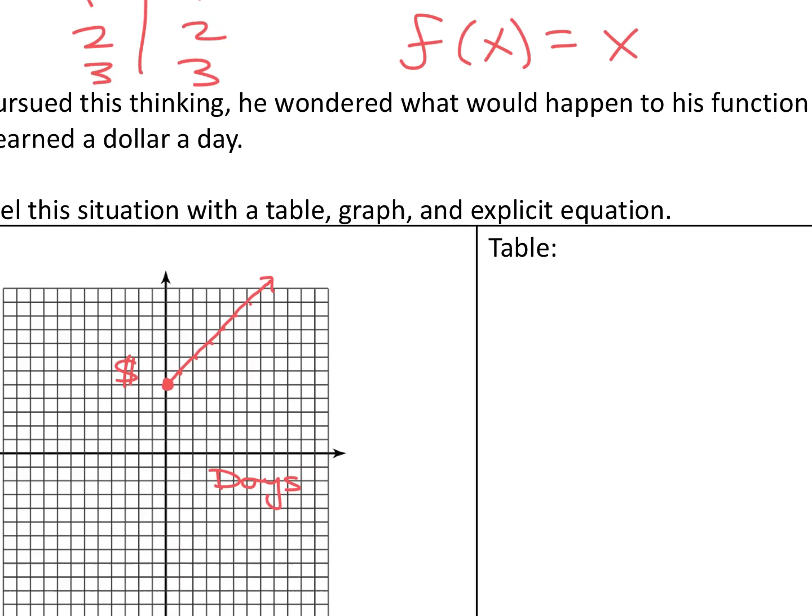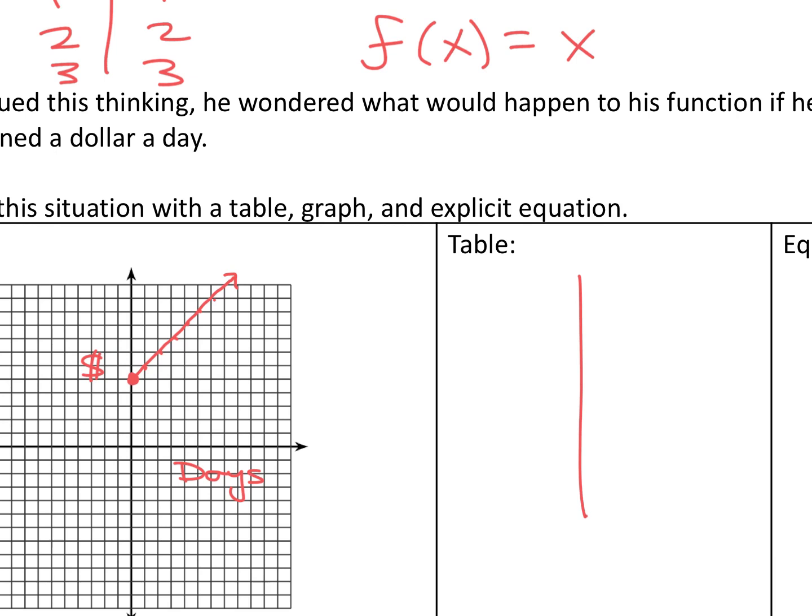Okay, let's go ahead and build our table for this. So we have x, and we're going to call this one g of x, rather than using the same f of x, so that we have different names for them. So on day 0, it's already at 5, day 1, 6, day 2, 7, day 3, at 8.